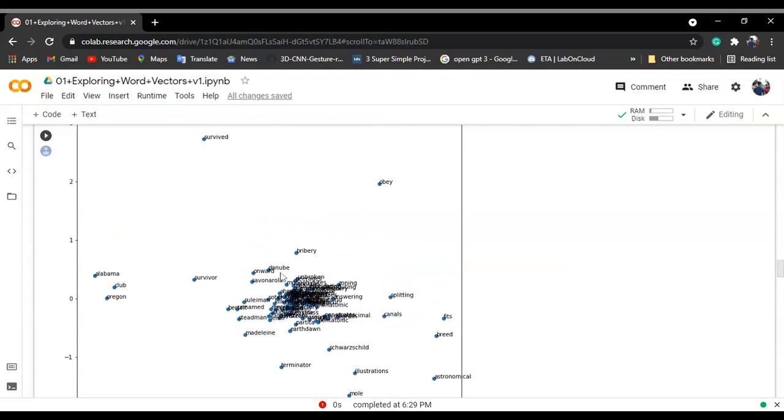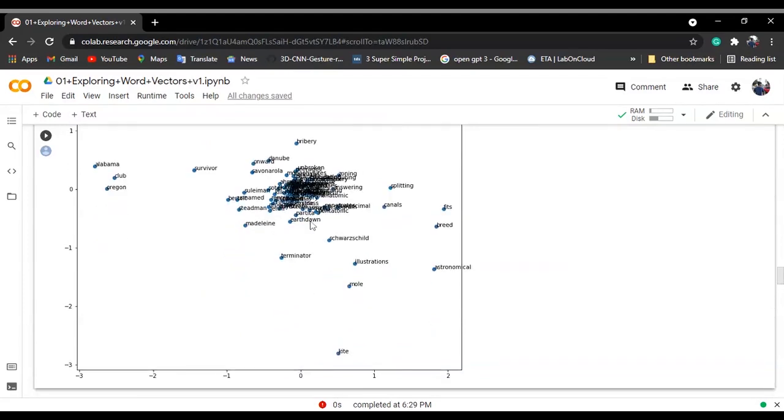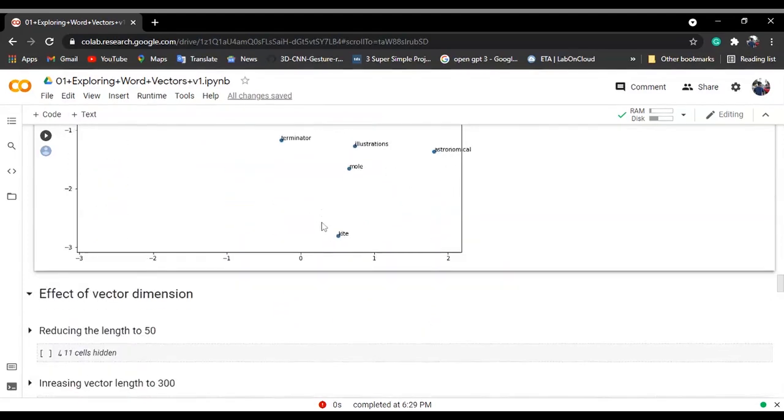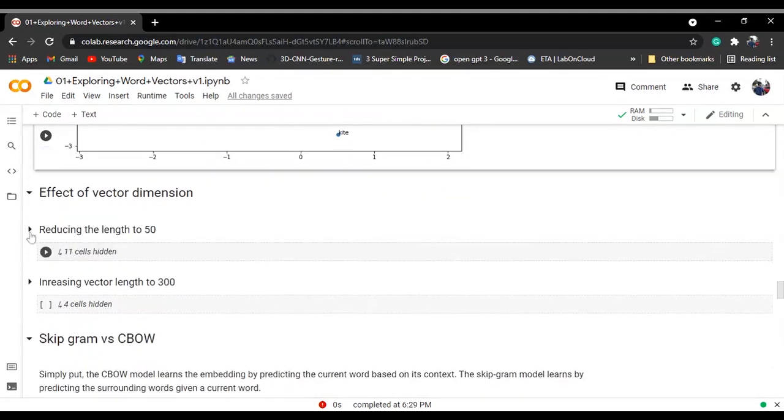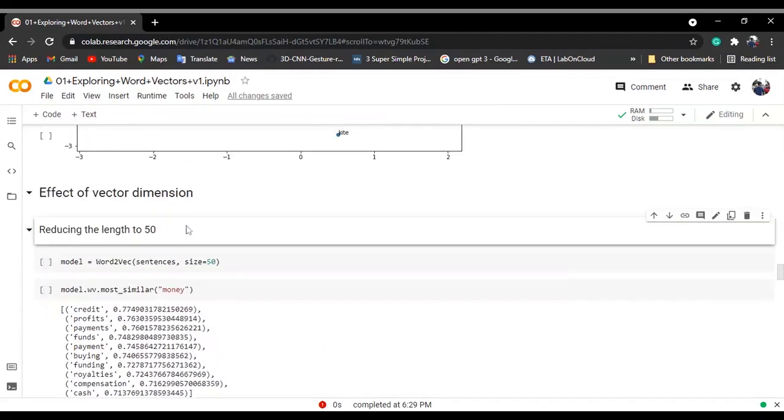If I pass the word bribery, I could expect words like survivor, or Danube, or any words which are present in this text compilation over here. Now, I mentioned that I have reduced the length to 50.